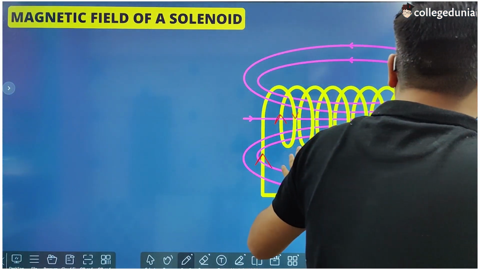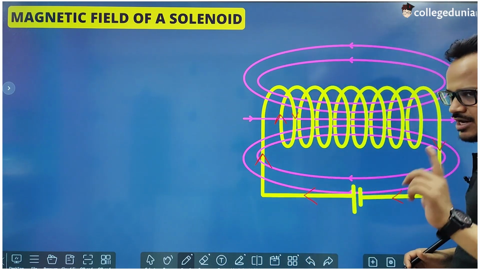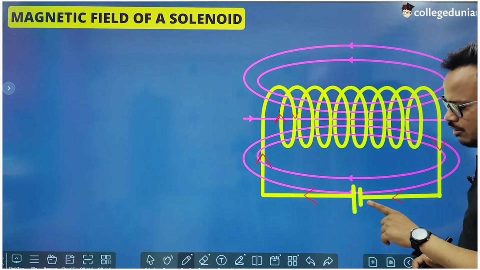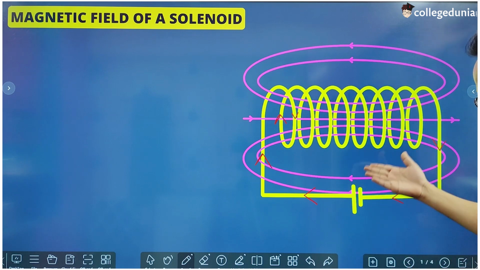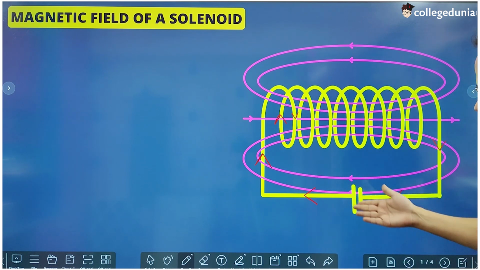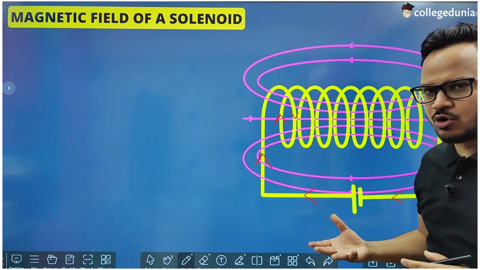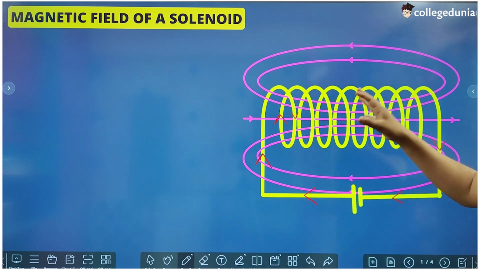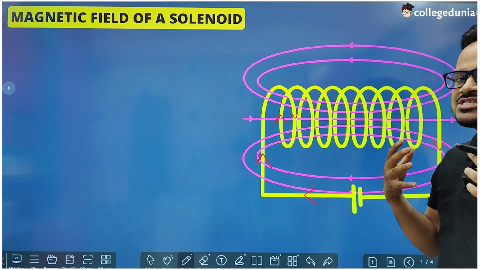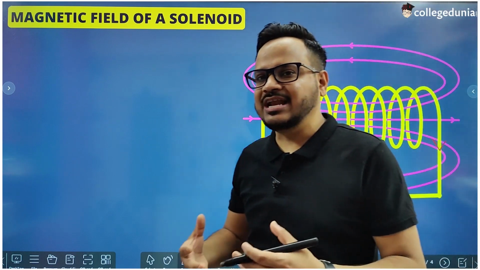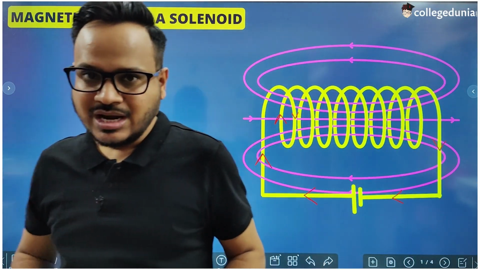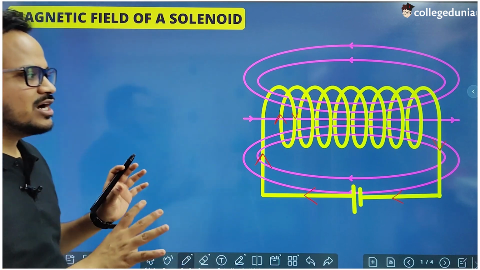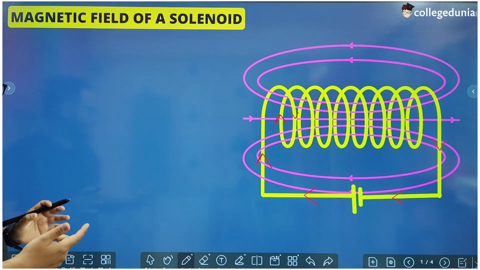So magnetic field of the solenoid depends on the strength of the current. So by changing the value of current, that is by changing the voltage, if we change the voltage then current will change according to Ohm's law. So by changing the current in the solenoid, the strength of magnetic field of the solenoid can be increased or decreased. That is one major advantage of current carrying solenoid over bar magnet.